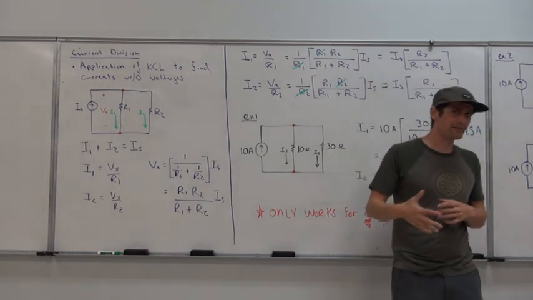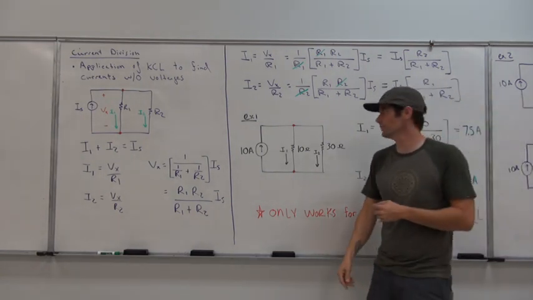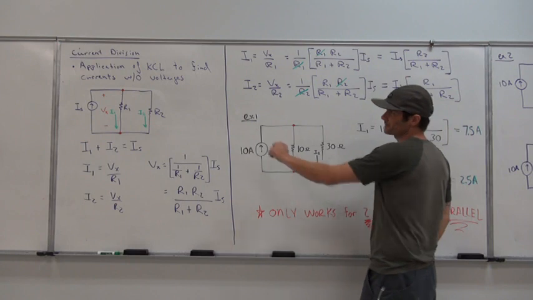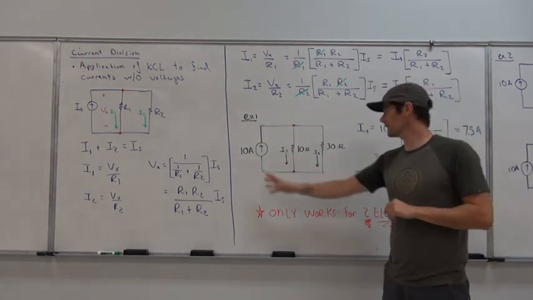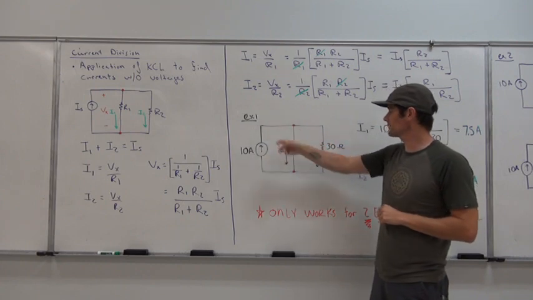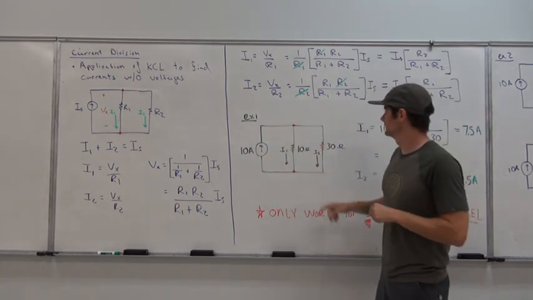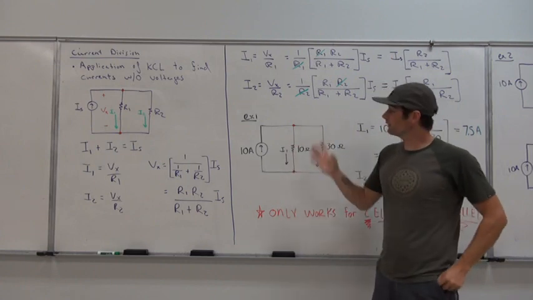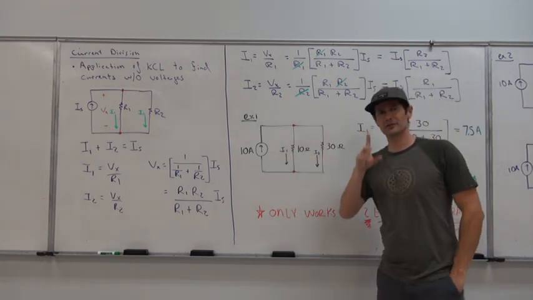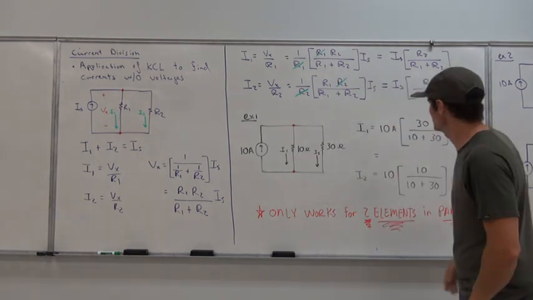Why does it make sense that the opposite resistance goes in the numerator? Well, let's add some actual constants to this. So here we've got 10 amps that's going to flow into this node. It's going to split between 10 ohms and 30 ohms into I1 and I2. Let's see what we get for I1 and I2 and see if it intuitively makes sense to us.